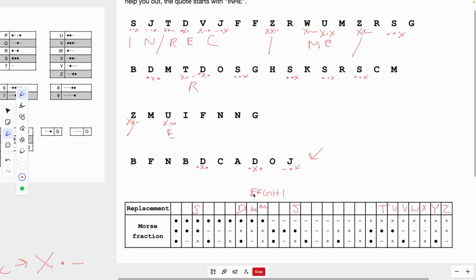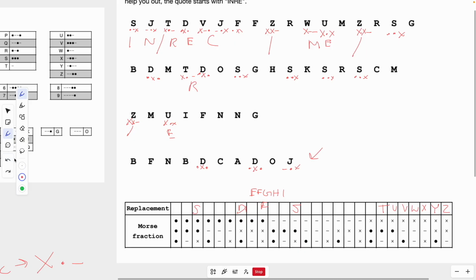E is likely a pretty common letter, so I'm going to assume for now that E appears in the keyword. So I'll try F over here in this spot. Let's see if that works. We have dot and then two X's. This isn't a word, because you have two X's and you just end off the word like this. So that's definitely not correct.